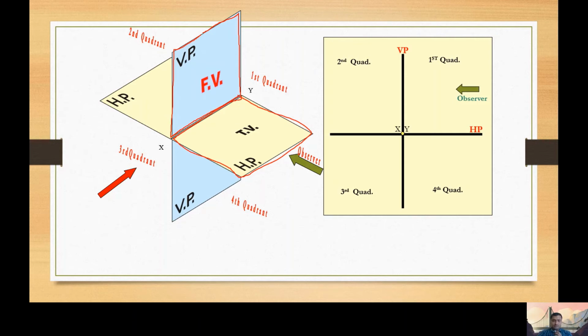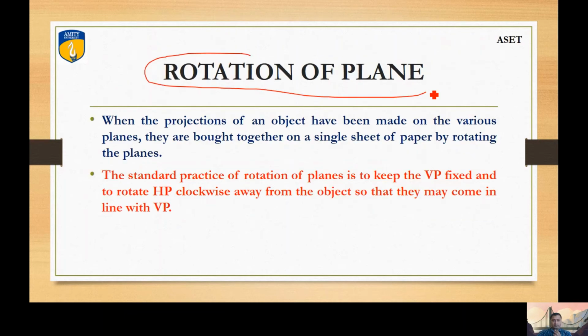So there is one term which is referred to as rotation of plane. You have to keep in mind which plane is going to be rotated and what will be the direction of the rotation. It is fixed that what we have to rotate is HP. Always the horizontal plane is going to rotate 90 degrees clockwise, so as to convert the two planes into a single plane.